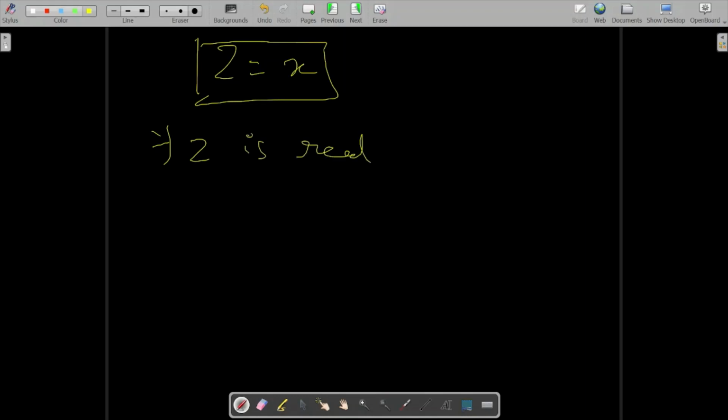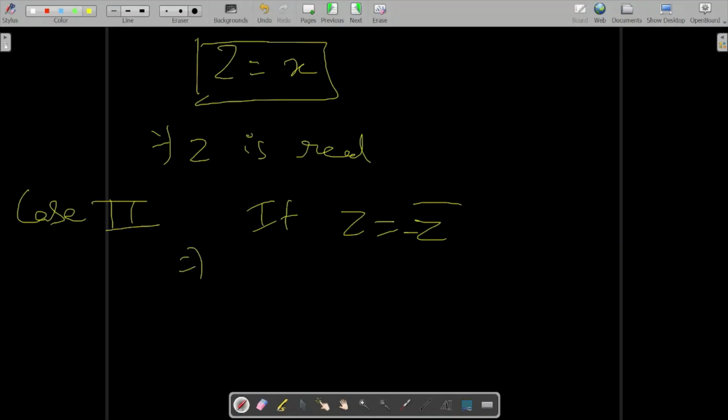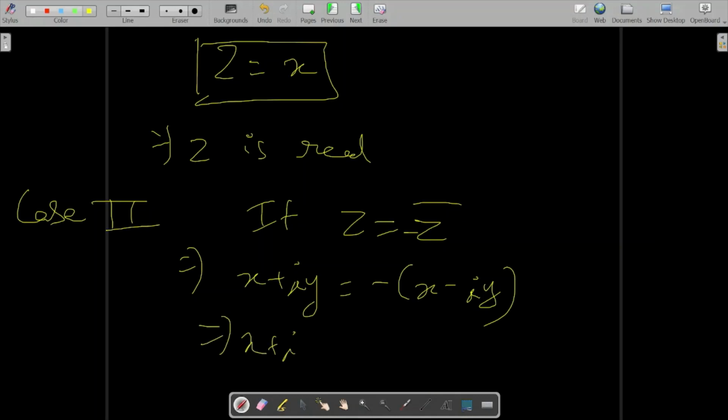Okay. Now case number 2. If z is equal to minus z bar, suppose. Then what will happen? x plus iy is equal to minus of x minus iy. So x plus iy is equal to minus x plus iy.